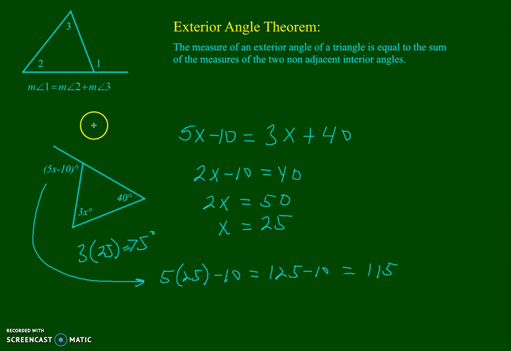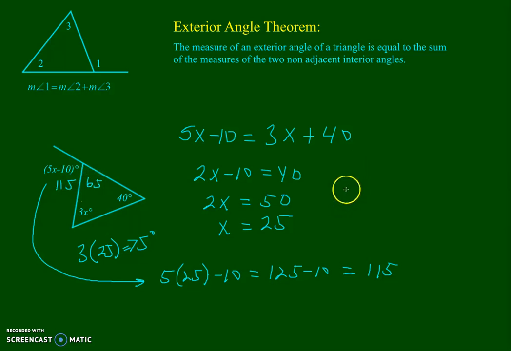So that means this exterior angle is 115. And that makes this angle 65 degrees because these are a linear pair.